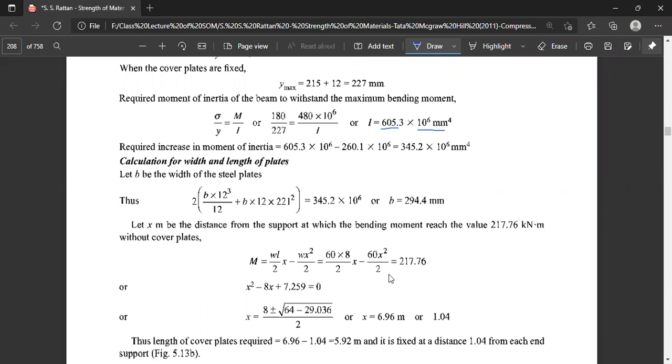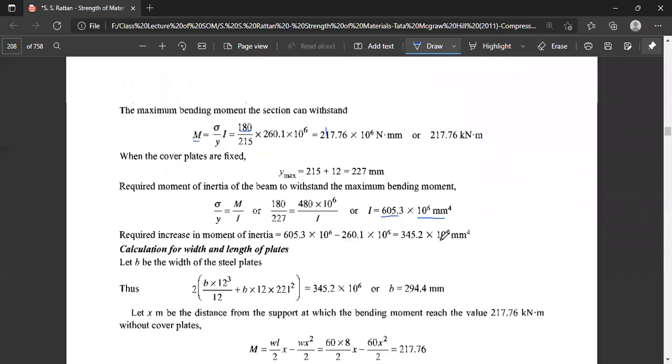and we have already got the thickness of the plate. Now let x meter be the distance from the support at which the bending moment reaches the value 270 kilonewton meter without cover plate.